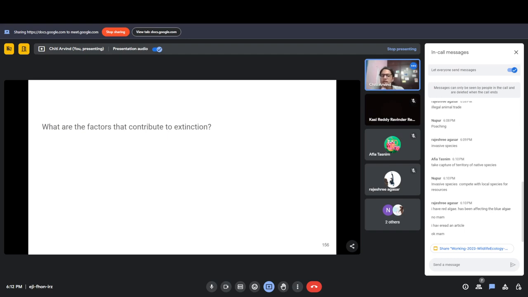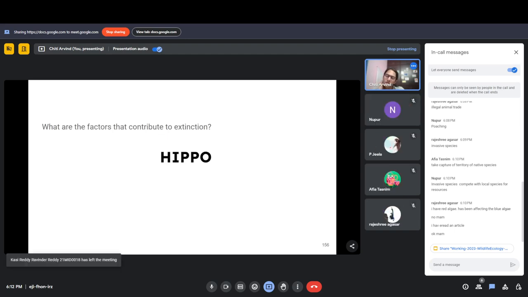So an easy acronym to take note of, to remember factors involved in species loss that may contribute towards extinction, is HIPPO, which basically covers habitat loss, invasive species, pollution. What else? What are the other two factors?